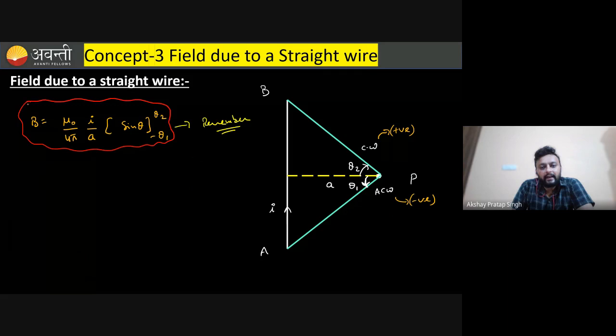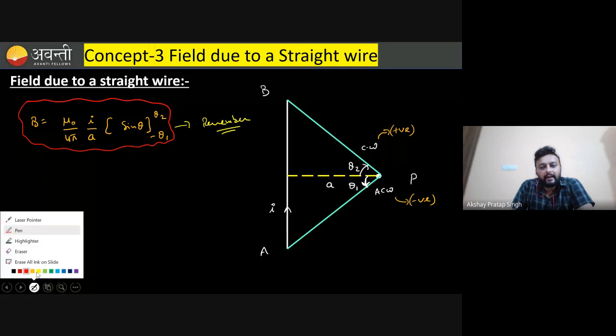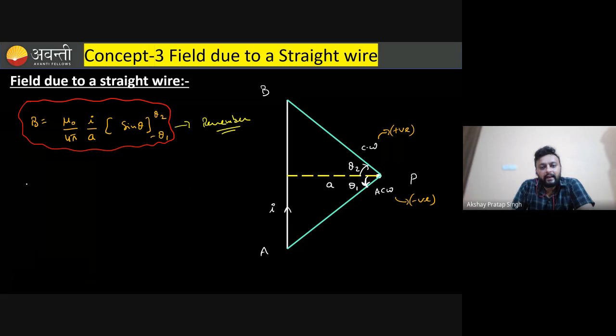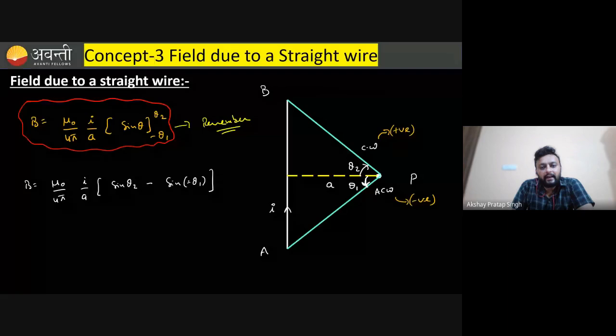Now, if I simplify this after putting the limits, it will become B is equal to mu naught over 4 pi, I by A, sine theta 2 minus minus sine theta 1. So this minus and minus can be cancelled out.